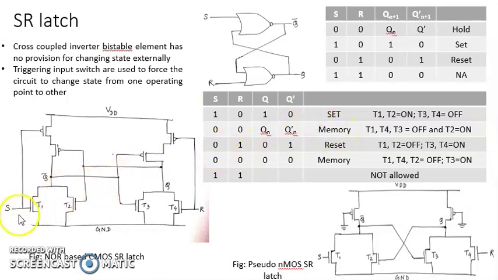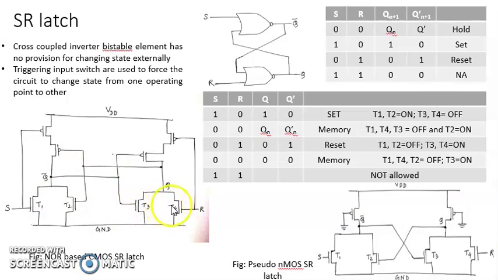Let us take the reverse of this. If S is equal to 0 and R is equal to 1, in that case T1 and T2 both will remain off, and T3 and T4 both will remain on. So since both transistors T1 and T2 are off, Q bar will remain 1, and since T3 and T4 both are on, because R is 1 here, and Q bar is high, this is connected here, and this will get a logic 1 at its input, so this transistor is also on.